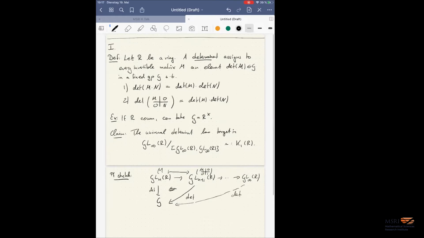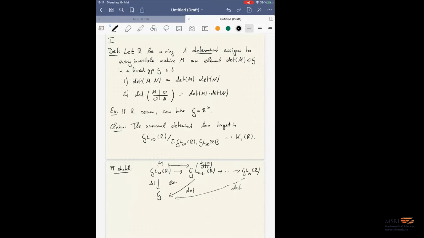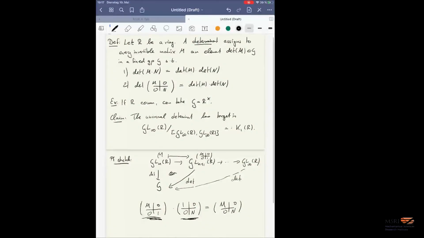And why does it factor over the commutator? This is a little trick with the block sums. Essentially, the determinant of M is the same as that of the block sum of M with a number of ones. The determinant of N is the same as the block sum with the number of ones on the other side.